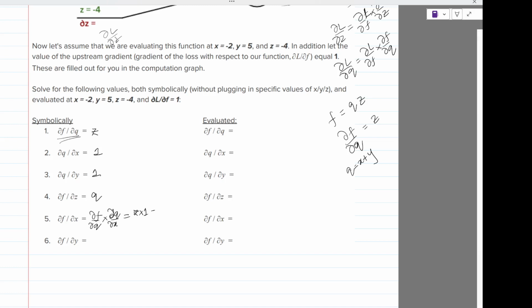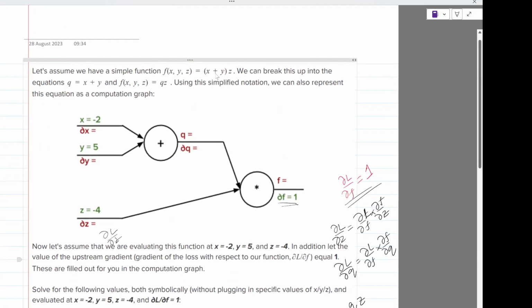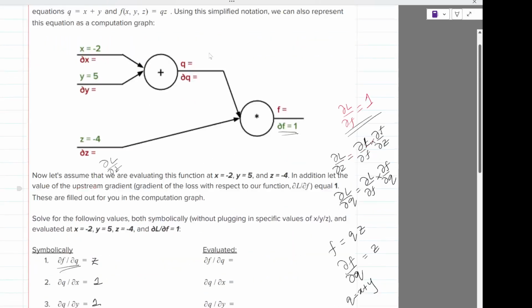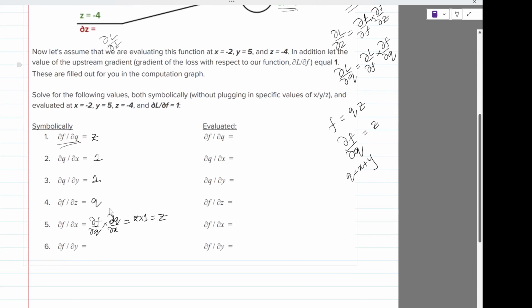Z into 1 is equal to Z. You can verify it here also: F is XZ plus YZ, so del F by del X would have been Z. Similarly, del F by del Y will also be Z into 1, which is Z.